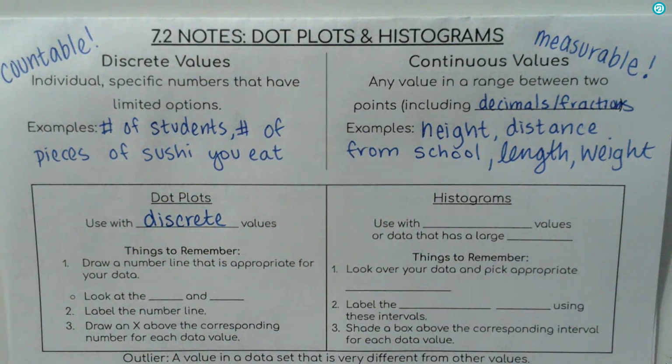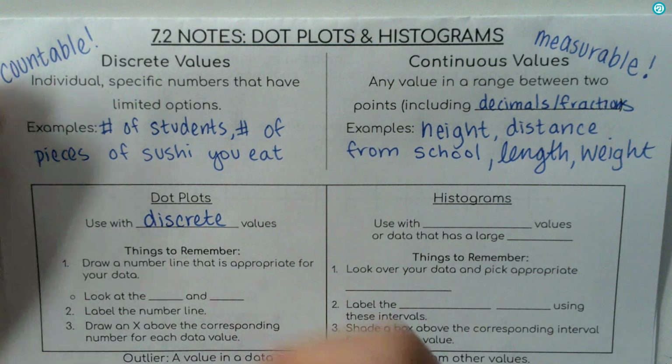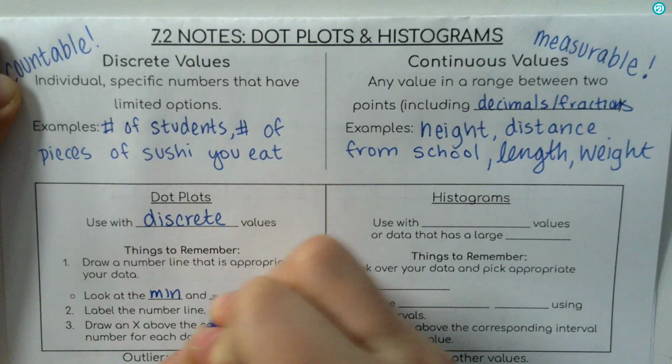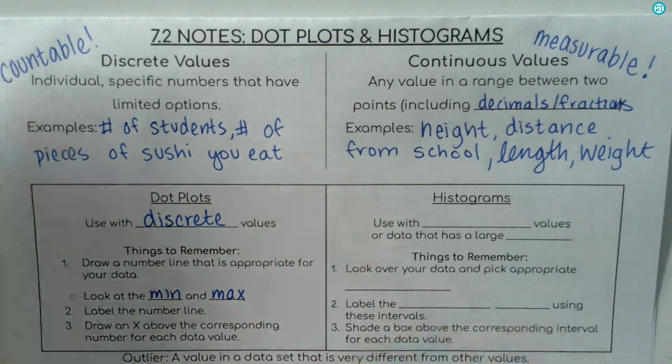Things that you need to do when you're making a dot plot: you're going to draw a number line that is appropriate for your data. On your assignment, we already have that done for you because we know what number line you're going to need. We're going to do an activity later. You'll have to draw your number line on the activity because we won't know what number line you'll need. You want to look at your minimum and maximum and just include from there to there.